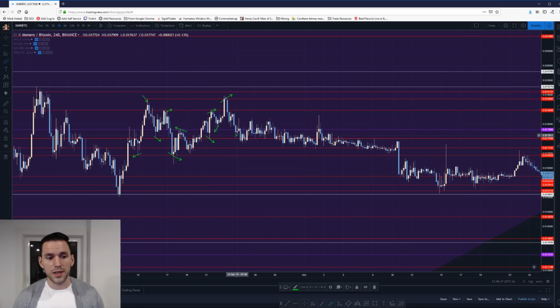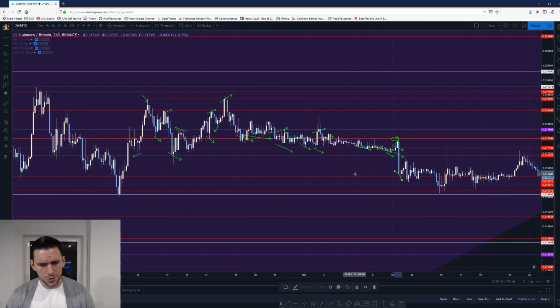So you can see test right there, and then it lives in this congested zone in here, but still within that, tests all through there, sits on this line, tests that, sits there, tests that, loses it, tests this, tries to regain this up here, loses not only this, but this as well, causing a huge move down to the next level. You notice something pretty interesting right here: we never identified a level in this zone, right?